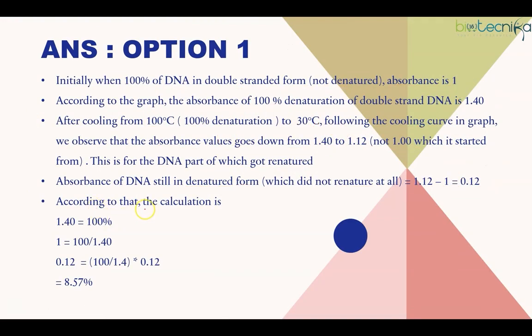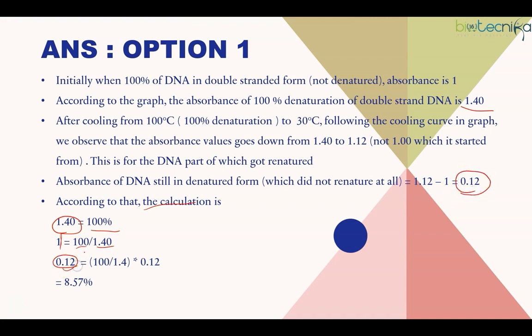According to that, the calculation is: 1.40 is the absorbance when DNA is 100% denatured. Like the unitary method, for 1 it is 100 by 1.40, but you need to calculate for that 0.12 absorbance.